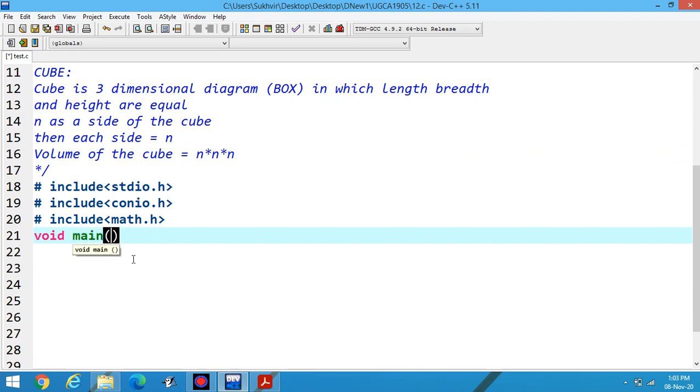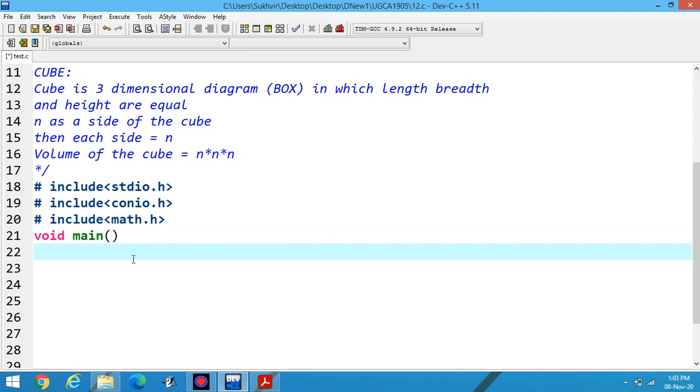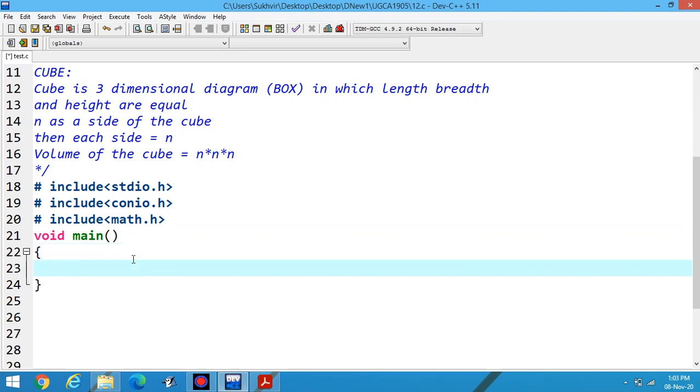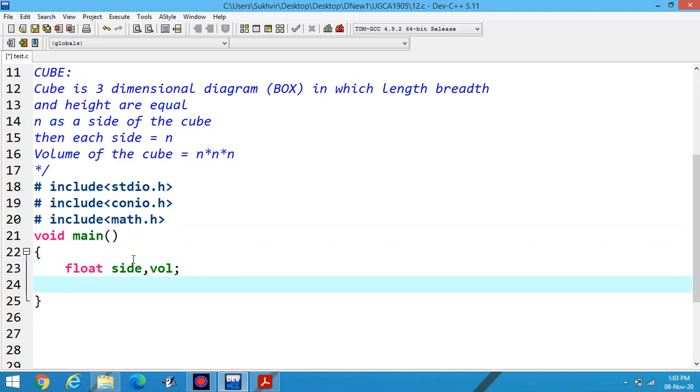Void main, then what are the necessary variables required? You can declare the variable in decimal. One is side and second is volume. Two variables are required. Now printf, enter the side of the cube.